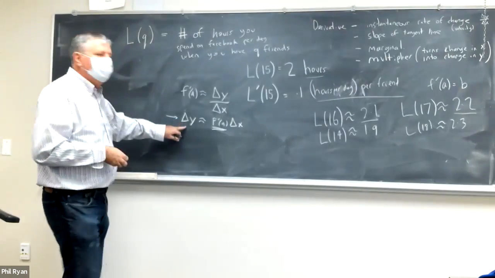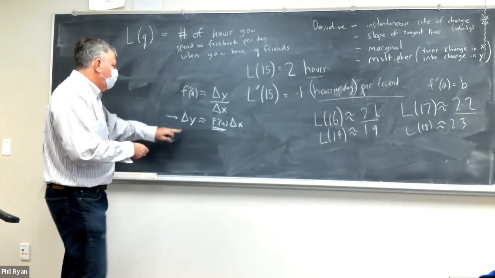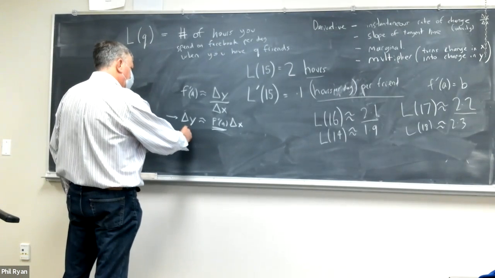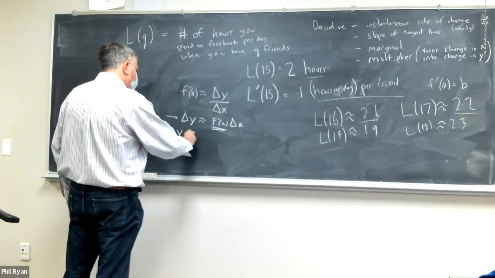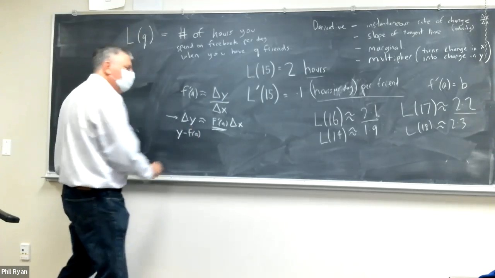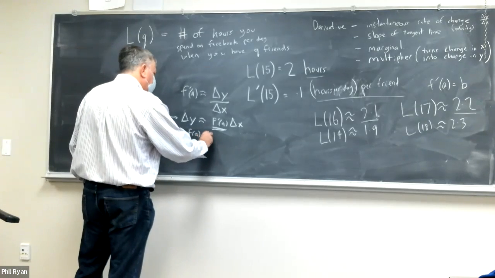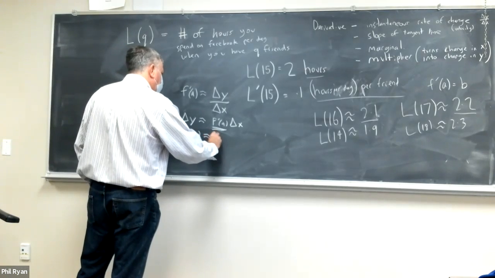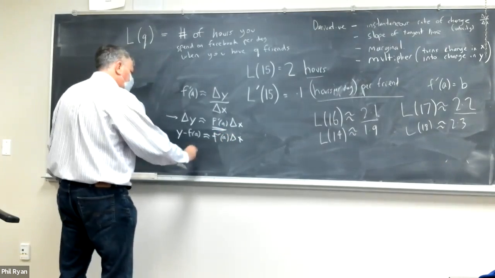Okay, now what's delta y going to be? Well, delta y is y minus f of a. That's the definition of what change of y is. It's approximately going to equal f prime of a times delta x.